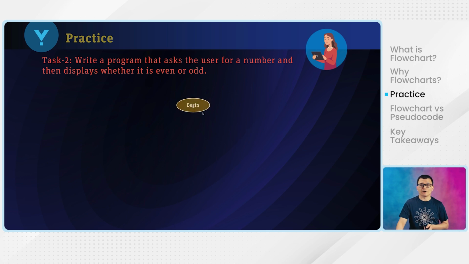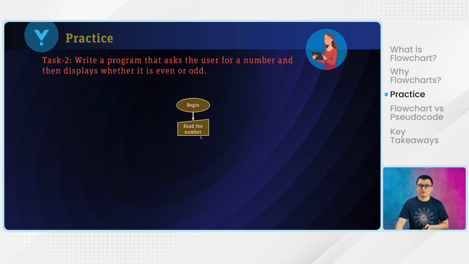Okay, so first it is begin. We use oval. The oval is for the begin and ending. Okay, and then after the next we need to read the number. Okay, so we need to ask the user to manually enter data, which means you will use this shape, which is trapezoid.